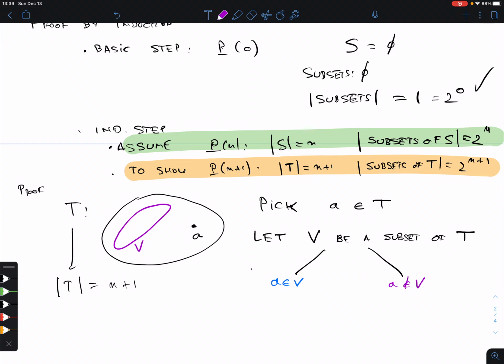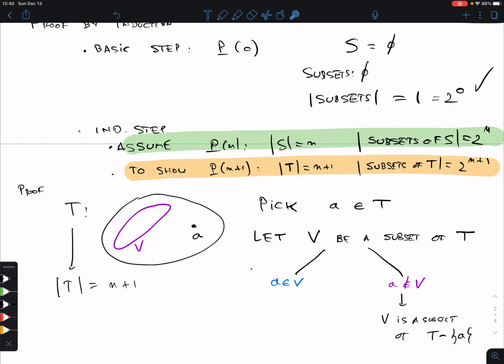That V is a subset of T where I remove A. Remember this? In the textbook we use this notation, T minus A. So T minus A is everything in T that is not A. And V is, you see it here, a subset of that.